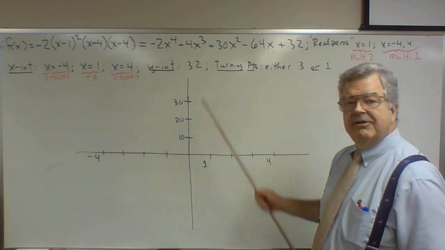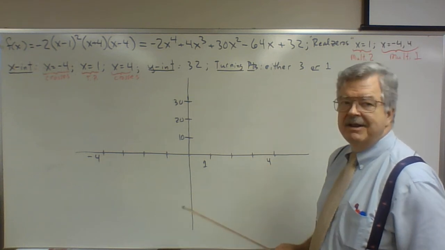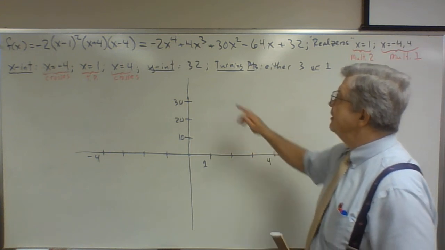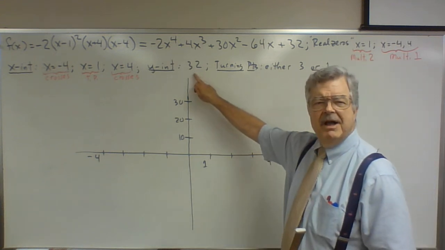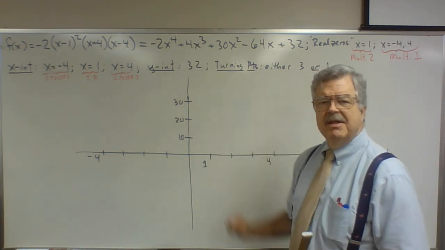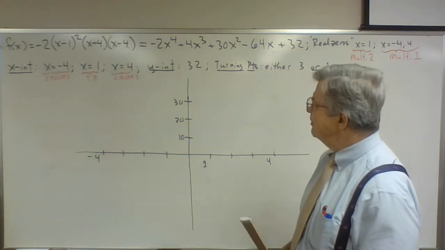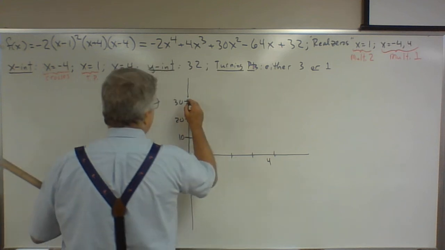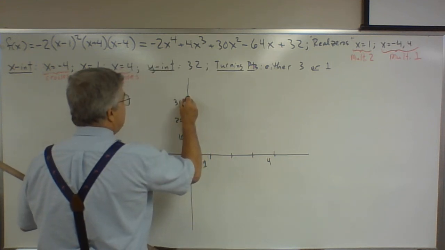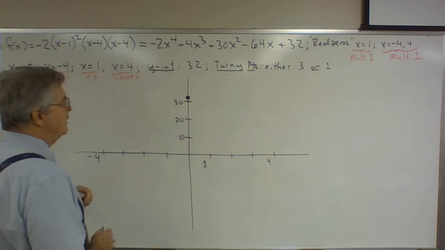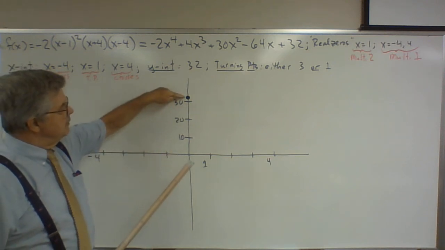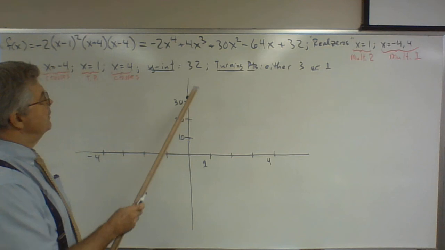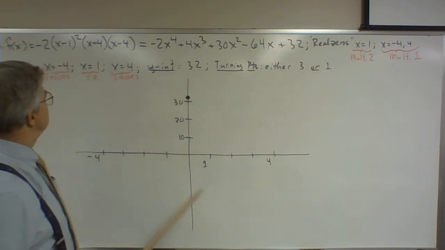The y-axis, I definitely have a different scale because the y-intercept is positive 32. Somehow we've got to be able to get the point y equals 32 on this graph. As a matter of fact, why don't we just put it there? There's y equal 32, just a little bit above y equal 30. So we graphed our y-intercept.